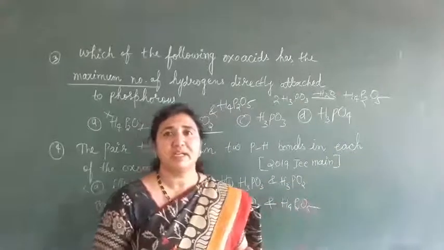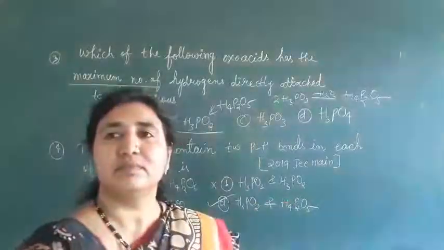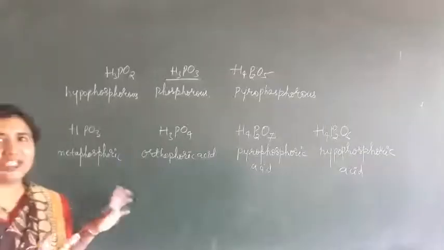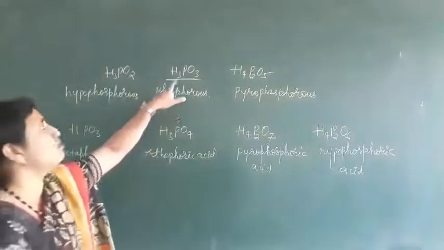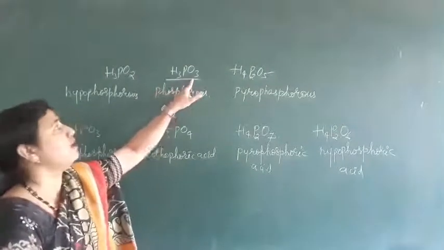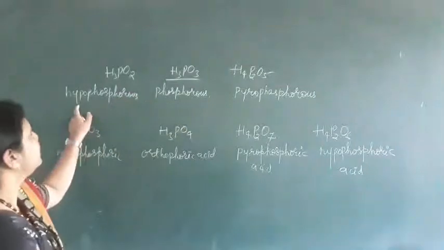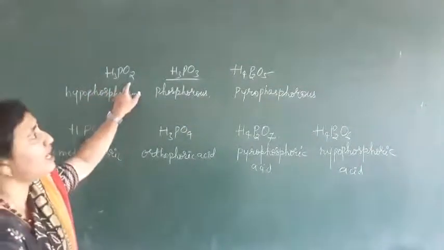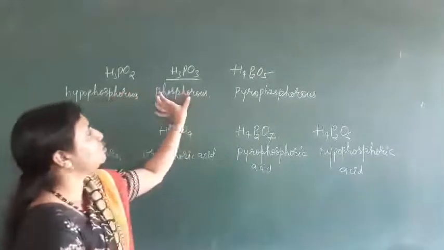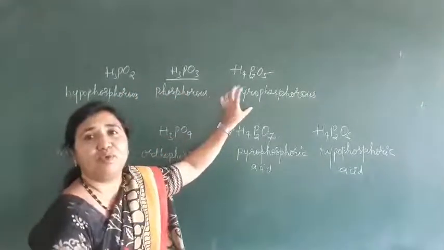The extract of today's class is this: phosphorous acid is H3PO3. With 1 oxygen reduced, it is hypophosphorous acid H3PO2. When we combine these two, we will get H4P2O5.